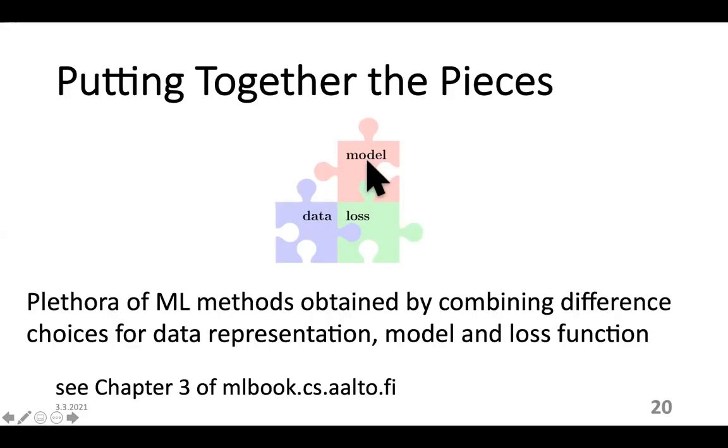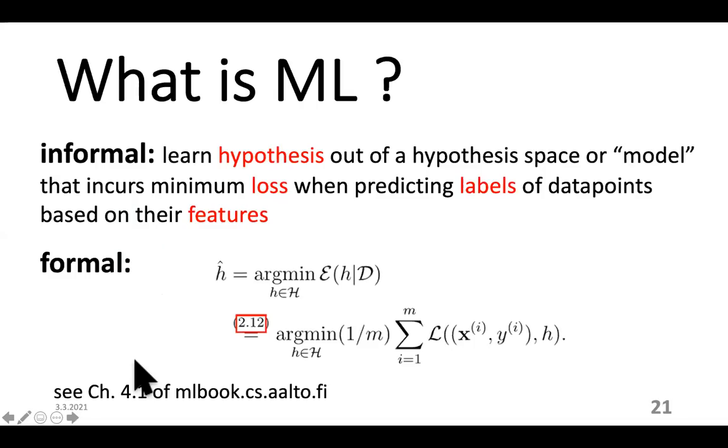For example, linear regression uses as a model the set of linear maps, whereas deep learning uses as a model the set of nonlinear functions that are represented by a graphical structure, which we call artificial neural networks. So different design choices for these 3 components give different methods. You can see an overview of these different methods and how they are obtained from these 3 components in chapter 3 of my book.